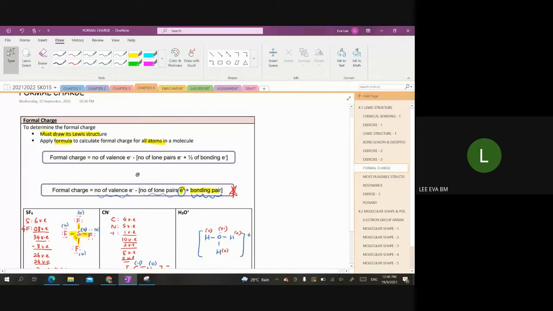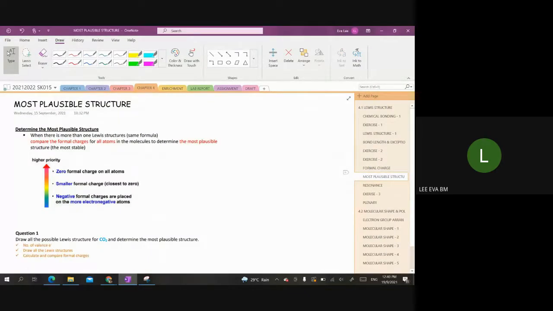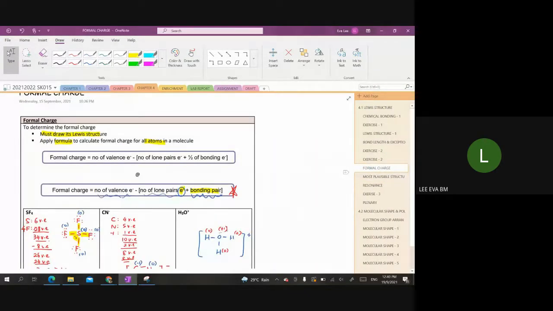Right. Any questions you would like to ask about the formal charge or Lewis structure? Madam, when do we need to perform the calculation for formal charge? The calculation steps you don't have to write unless the question says so, like if it says show the calculation for each formal charge, then only you show it.